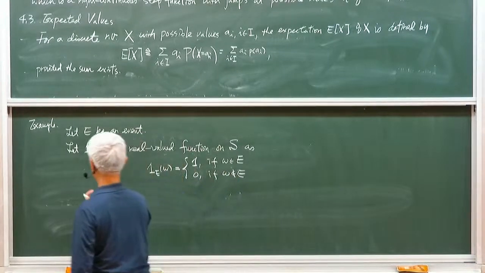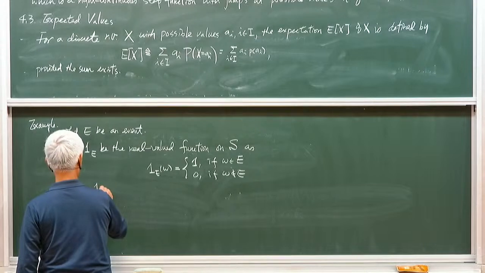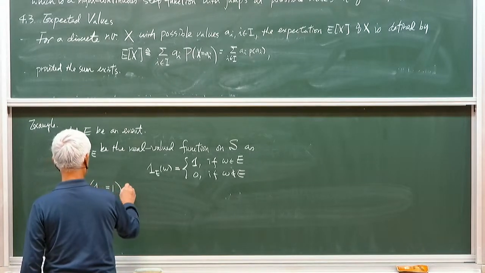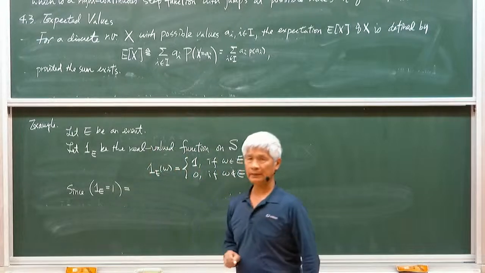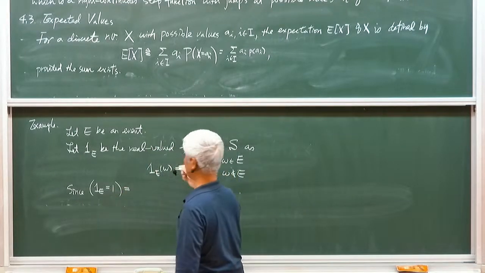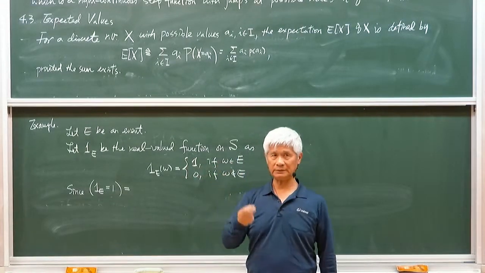Now, this function has only two possible values, 1 and 0.